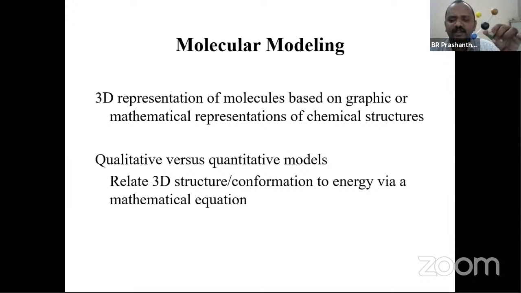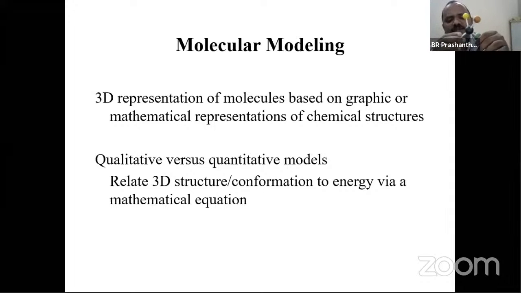But when we try to simulate these molecules on the computer screen, the big question for computational chemists is how accurate these representations are. That means, is that how they exist in nature? Are you sure about that? This is a big question.